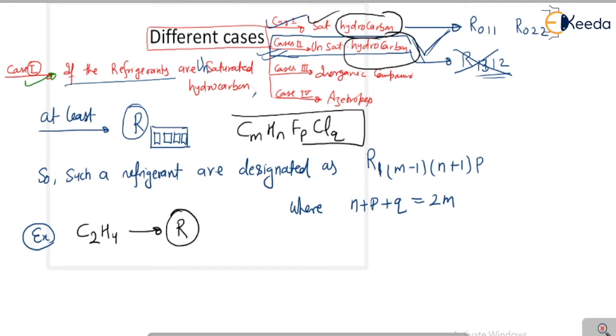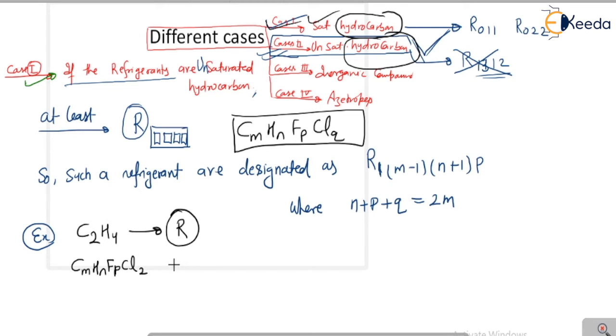This is our standard chemical formula as we studied in this lecture in the initial cases, case number first. So first of all, you can write this standard formula. Is it right?